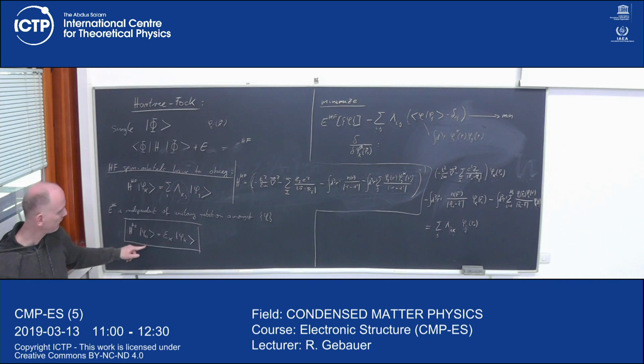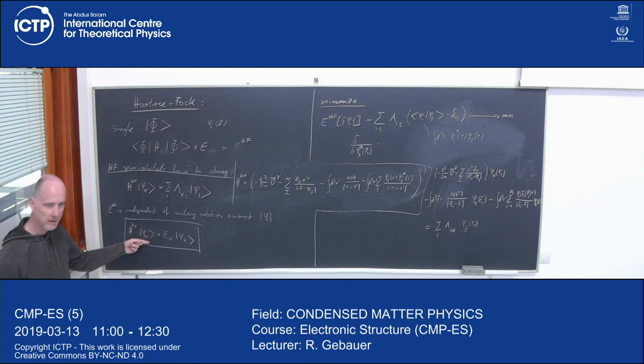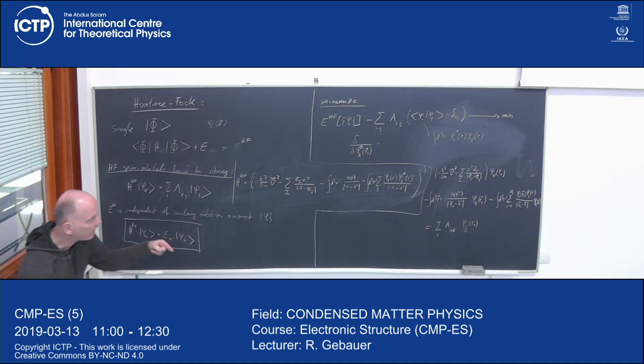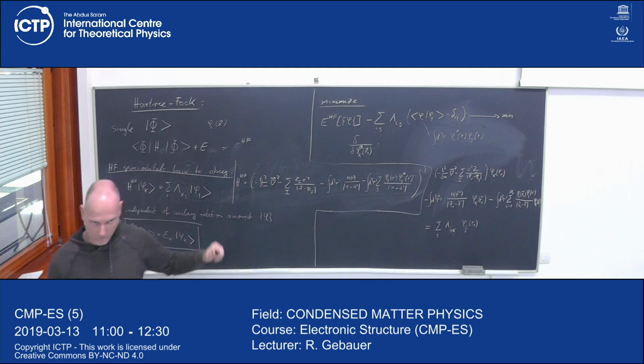It's a Schrödinger equation for orbitals, and we must find the n lowest eigenvectors of this operator. Okay? So it looks quite easy. Instead of having many-body wave functions, we need n yet unknown orbitals, but these orbitals are eigenfunctions of a well-defined operator.